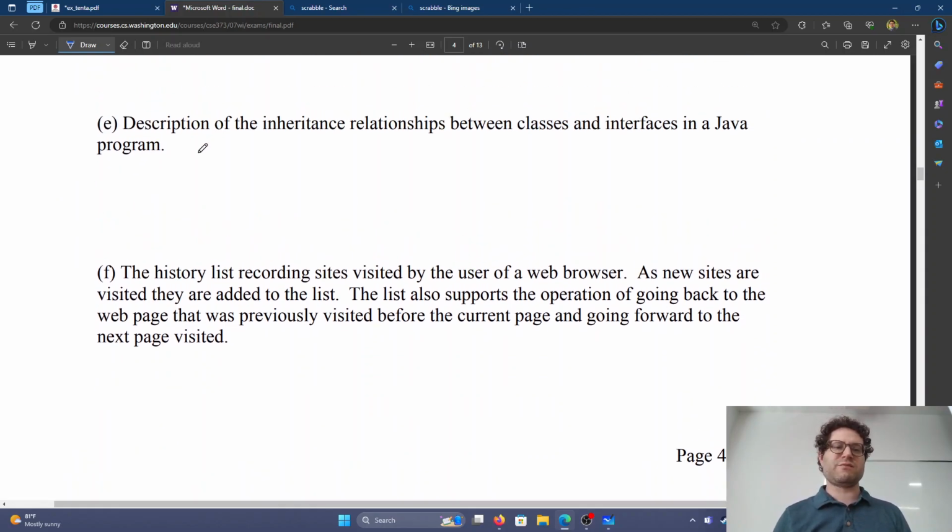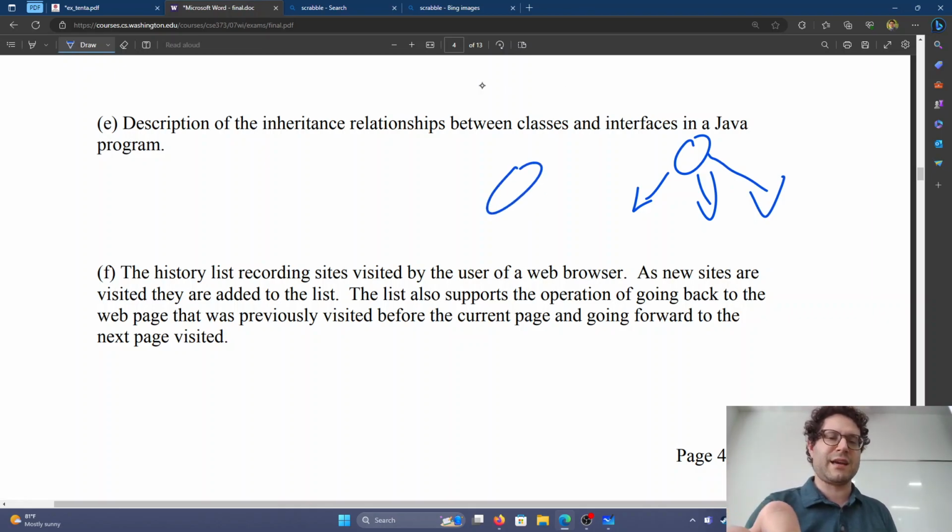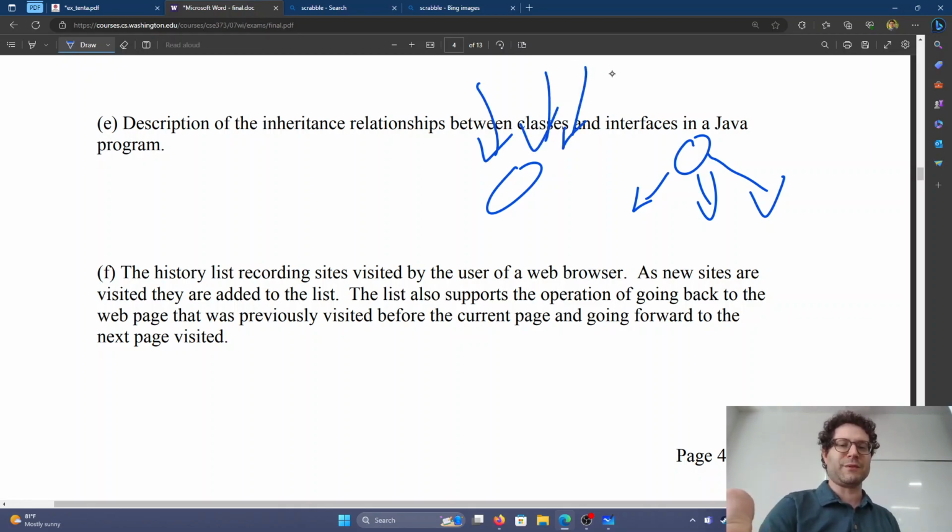Description of inheritance relationships between classes and interfaces. You could describe that as a directed acyclic graph because, technically you would say, oh, it's a tree, and that would be true for classes. But for Java, you also have interfaces, and you can extend one class, but you can implement multiple interfaces.